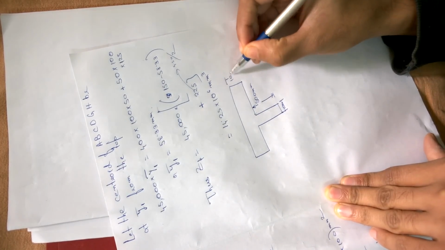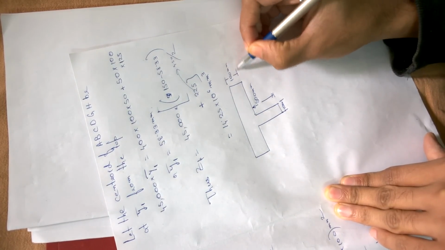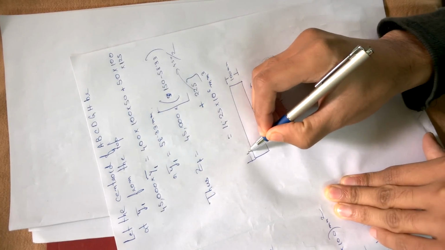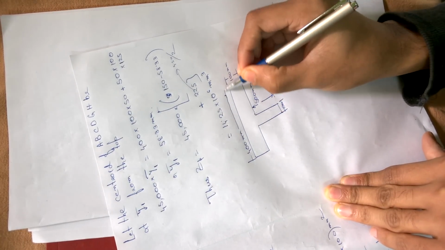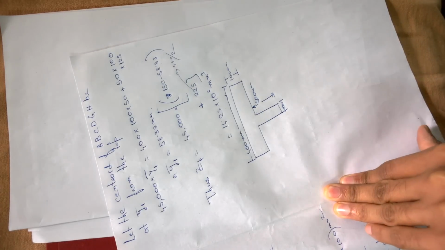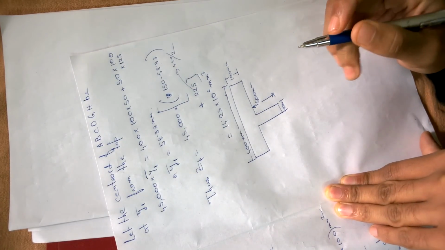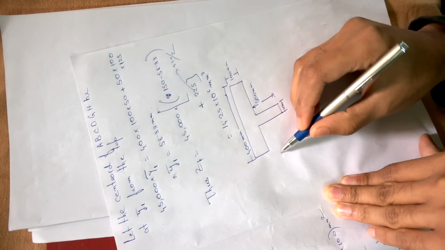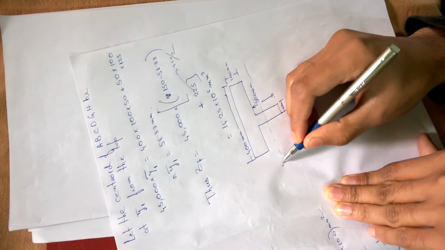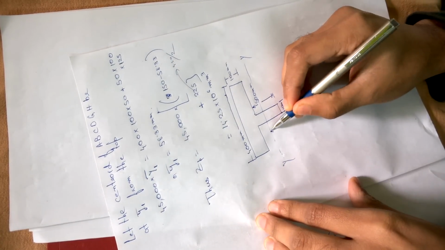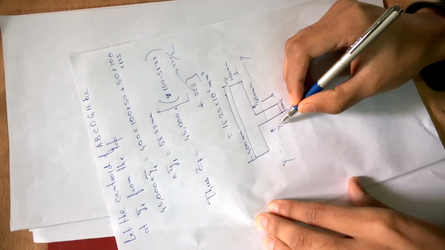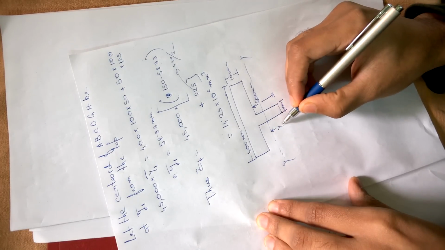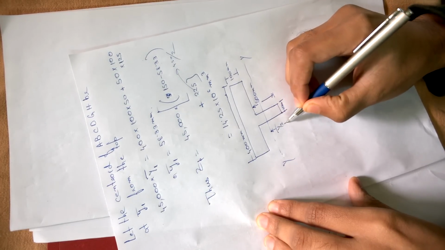This is 100 and this is 400. Let the centroid be at a distance, let this be yy, the centroid of the section, and let this be y2 bar.